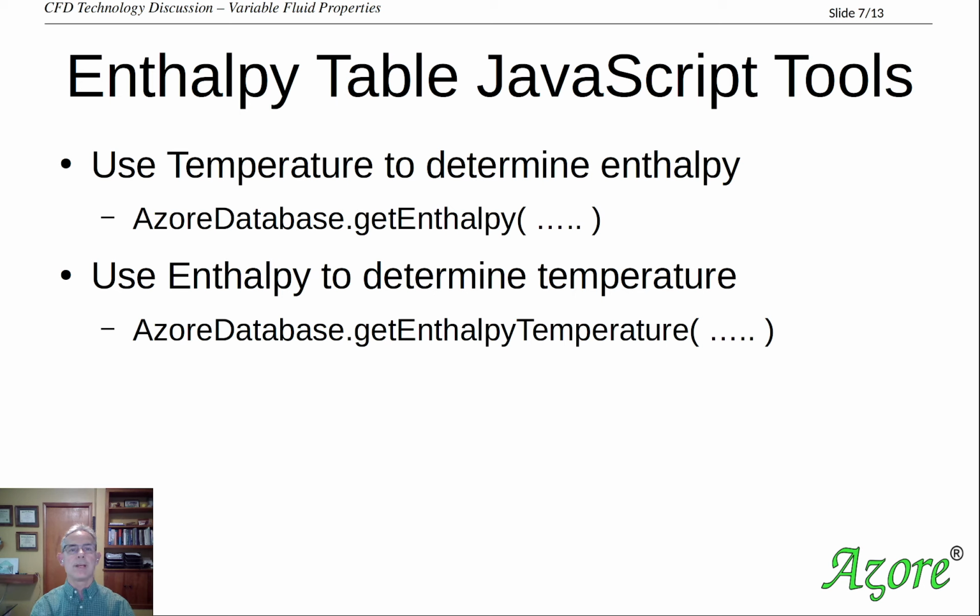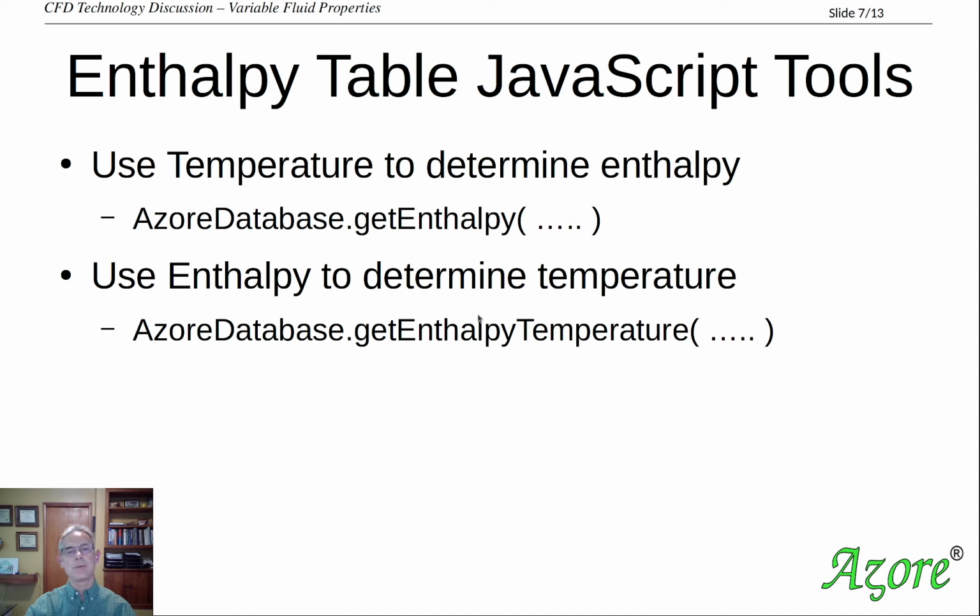One of the things about Azore is that we provide tools that allow you to grab this information if you want, and you can use those through the JavaScript tool that we have. There are just two tools, these JavaScript objects here under Azore database. One of them is get enthalpy, where if you have the temperature, you can get the enthalpy of the fluid mixture that you have.